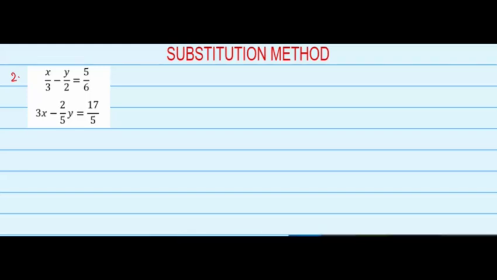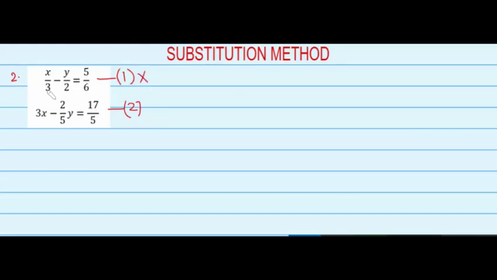Okay, we have another question, and we'll apply the same method, the substitution method, on this question. Say this is equation number 1 and this is equation number 2, and you can see both equations have fractions as coefficients. So I think it's better to get rid of these fractions by multiplying each equation by the LCM of the denominators.